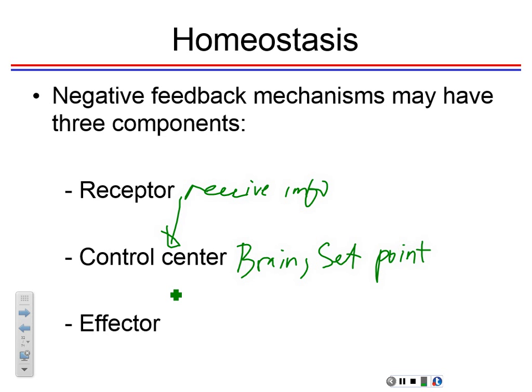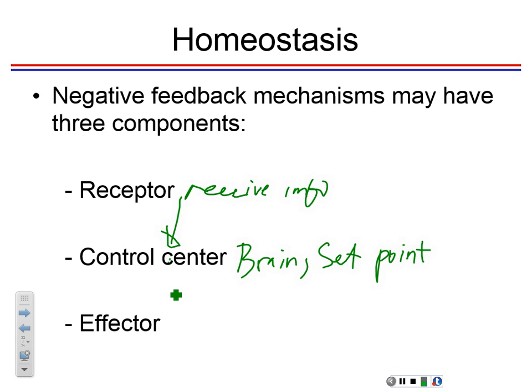And then once the brain, or the control center, decides what to do, it will send it to an effector organ. Okay, like in this case, if you're hot, the effector organ will be what kind of organ? What's that? Okay, remember I said you're sweating. So what would be the effector organ?